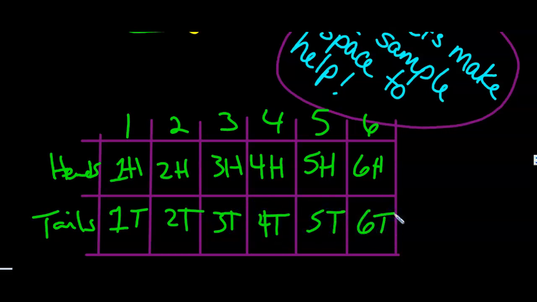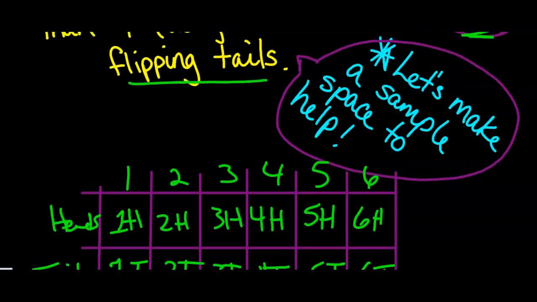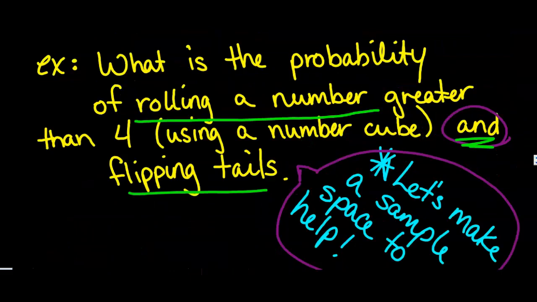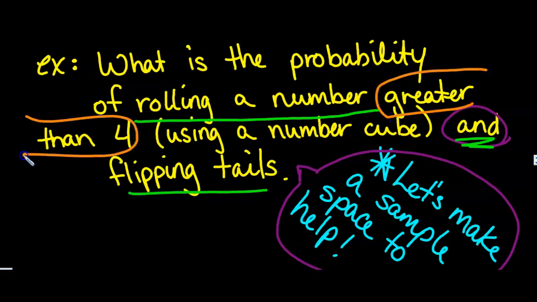Now going back to the problem, we need to identify what our favorable outcomes are. So what do we want to happen? We want to roll a number greater than 4, and we want to flip a tails.